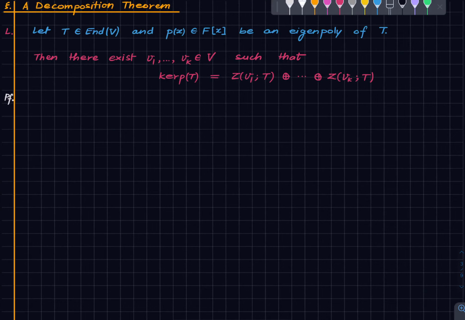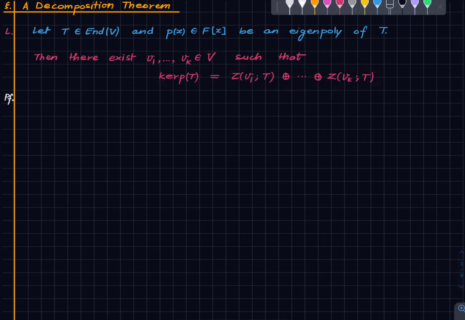So first we will prove a decomposition theorem about kernels of endomorphisms coming from eigenpolynomials. So fix an endomorphism T and let's say P(x) is some eigenpolynomial of T. Then one can find finitely many vectors such that the kernel of P(T) can be expressed as the direct sum of the cyclic subspaces generated by these vectors.